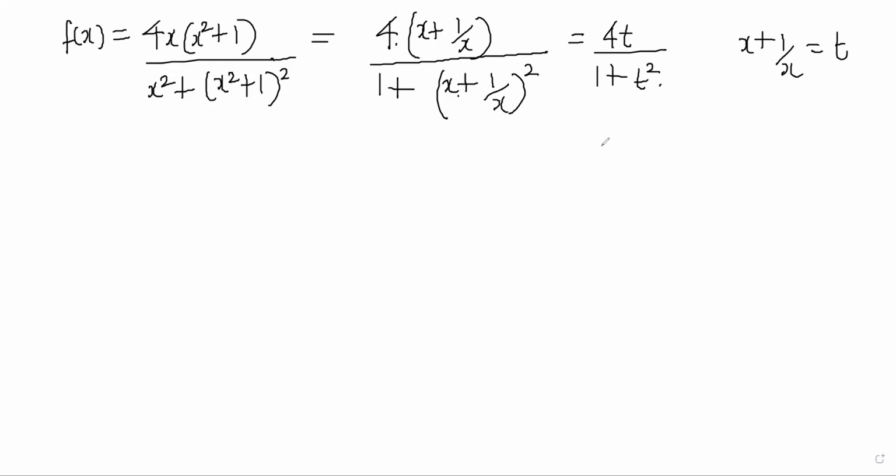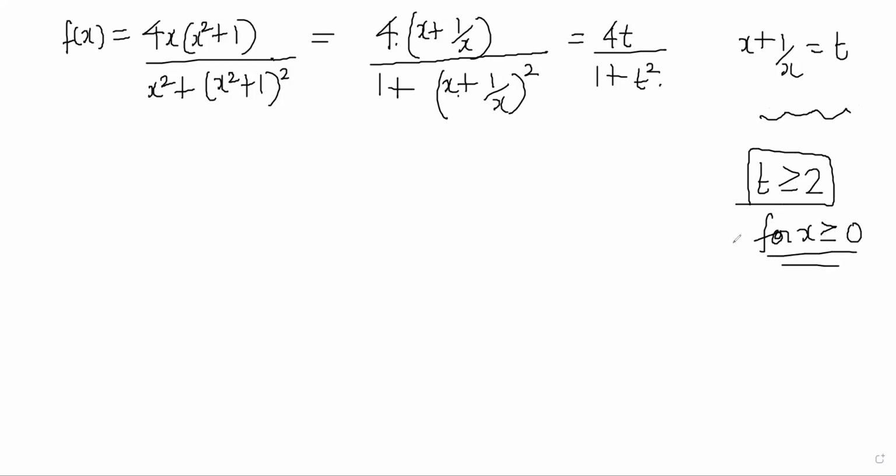Then it's fine. We have t greater than or equal to 2, by the way, for x greater than 0, because x plus 1 by x will be greater than or equal to 2 if x is positive. Now find the maximum and minimum of this.